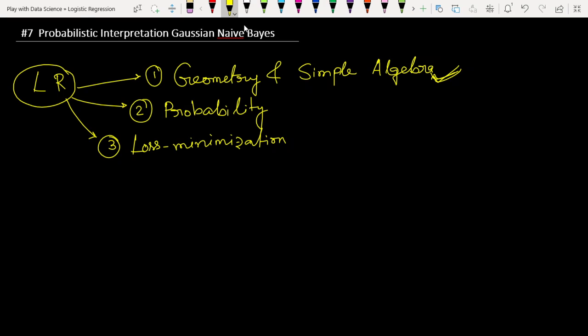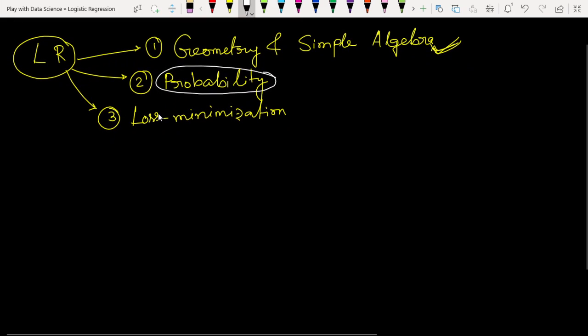Now let's go to this section, probabilistic interpretation of logistic regression. I will also share the textbook link in the description box, where you can read it in full detail.